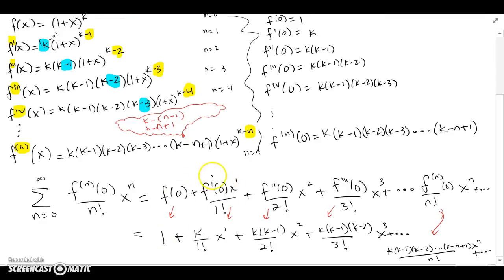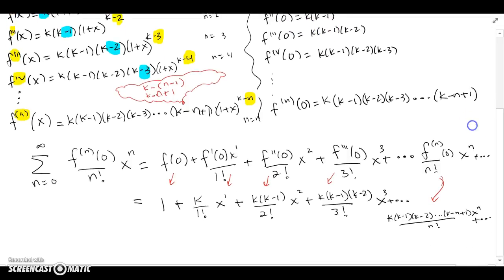F of 0, f prime of 0 was just k over 1 factorial, f double prime was k times k minus 1 over 2 factorial, then the third derivative, and so forth. This is useful because it's easier to visualize what's happening instead of looking at it in closed form. And this of course is going to go in here shortly, and we're going to try to get a closed form for it.